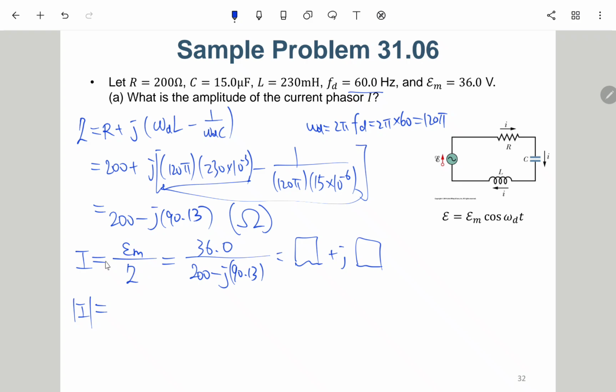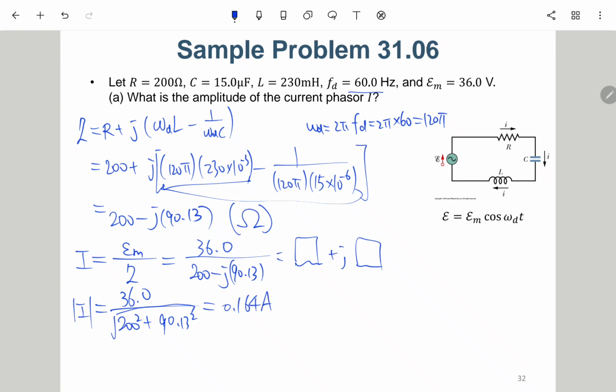If you have a complex multiplication or division and want the absolute value, you can take the absolute value of each first and then multiply or divide. Here it is division, so the absolute value of the numerator is 36.0, over the absolute value of the denominator, which is the square root of 200 squared plus 90.13 squared. Actually negative 90.13 squared, but a negative squared is still positive.